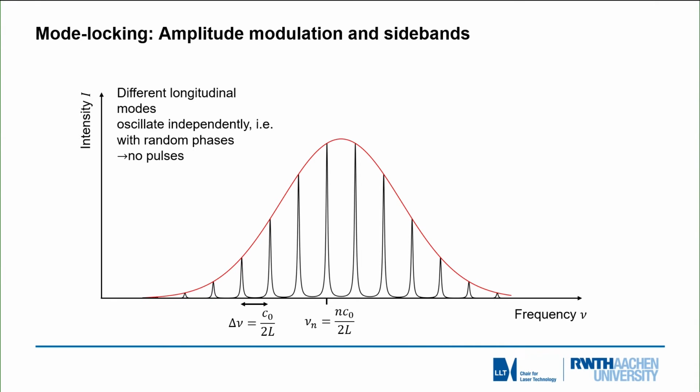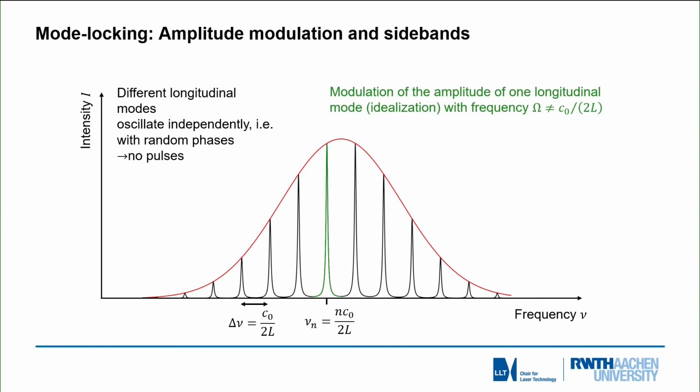And now in this picture, if we apply the modulation of the amplitude, we get sidebands, and these sidebands are, of course, separated from the main mode frequency with, as I said, the modulation frequency of the amplitude.